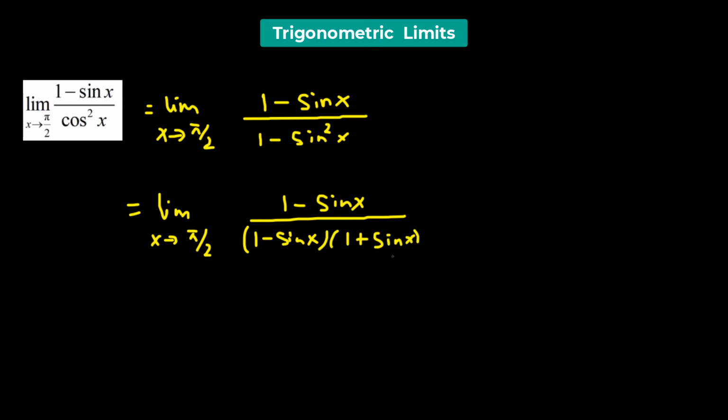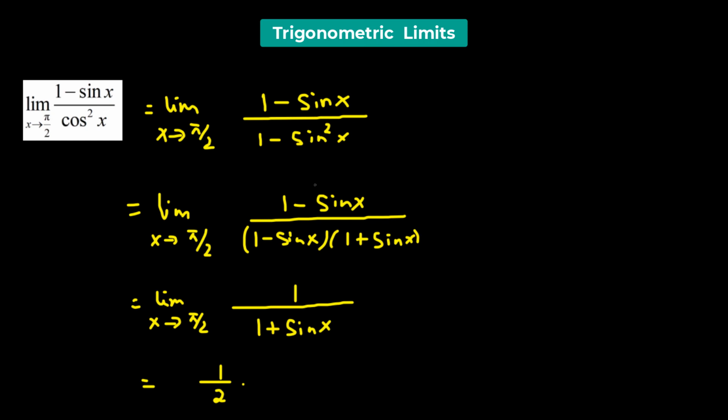So that will leave us with 1 plus sine of x in the denominator, 1 over 1 plus sine of x. Now substituting the value of x, we get 1 over 1 plus 1, which is 2. So this is going to be the limiting value of the given function when x approaches pi over 2.